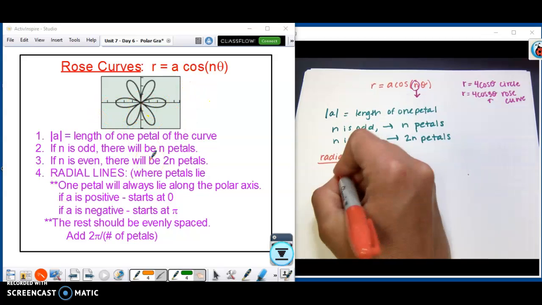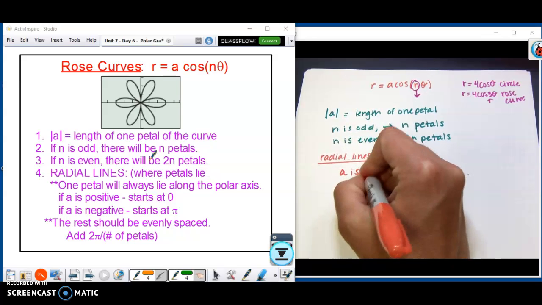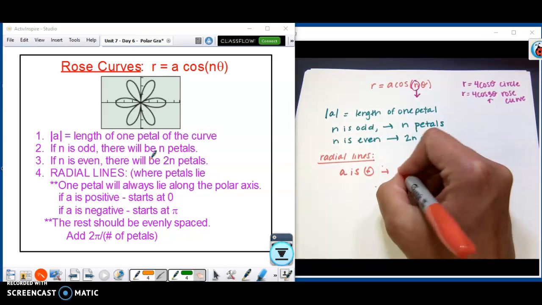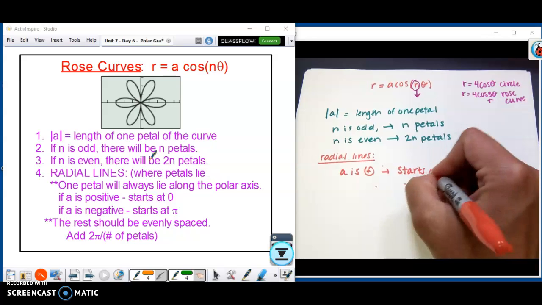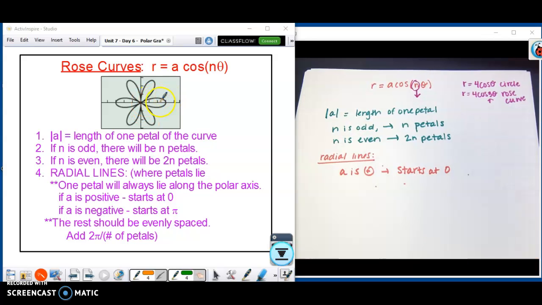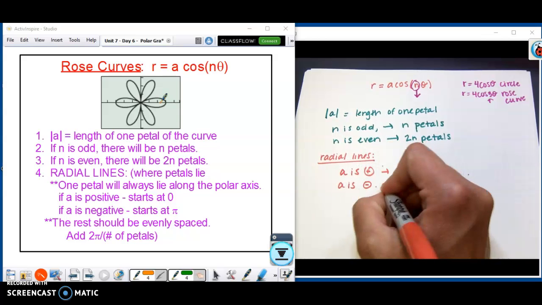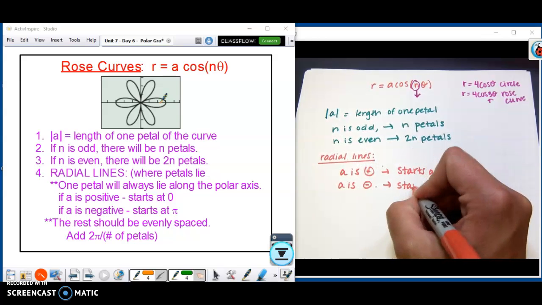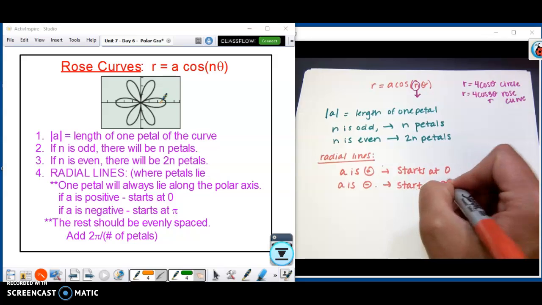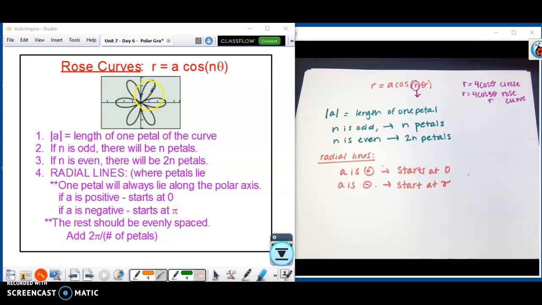If a is positive, then it's going to start at 0. That means your first petal will be at 0. If a is negative, then your first petal is going to start at pi. So it has to either start at 0 or pi. If a is positive, it'll start at the positive side. If it's negative, it'll start over here at pi.